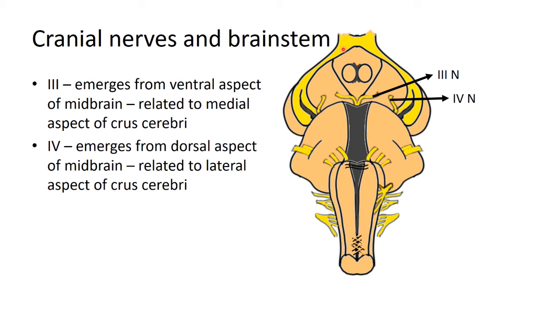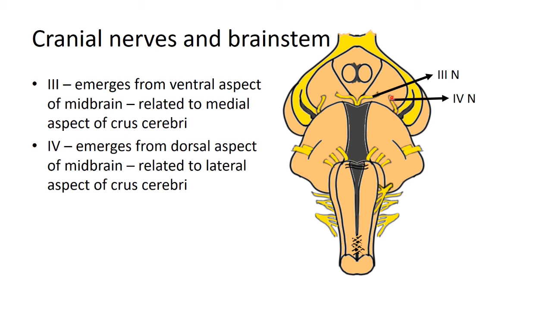But all other nerves down from the third nerve are closely related to the brainstem and they emerge from the brainstem. The third nerve or oculomotor nerve emerges from the ventral aspect of the midbrain and is related to the medial aspect of crus cerebri, and the fourth nerve emerges from the dorsal aspect and is related to the lateral part of crus cerebri.